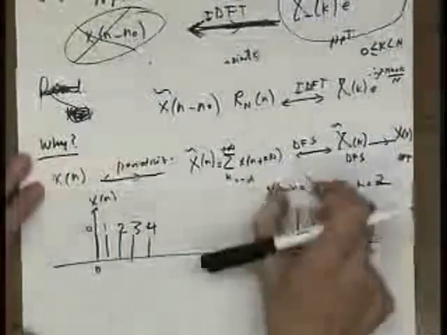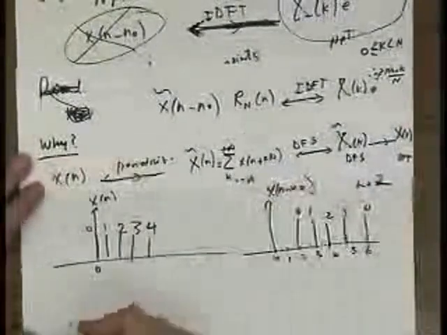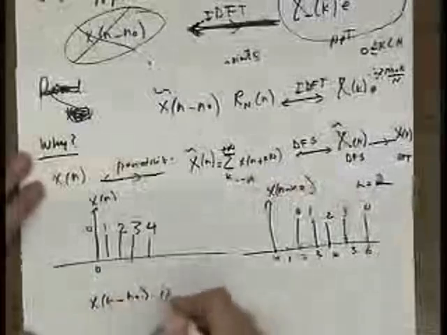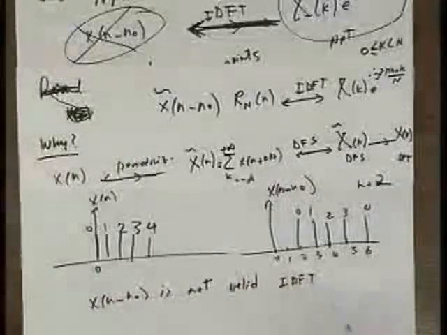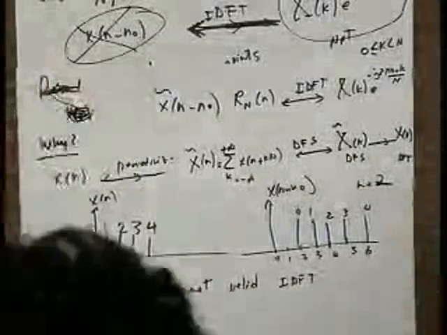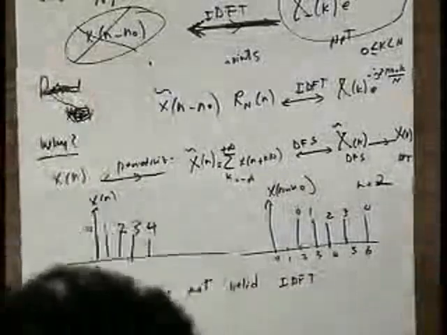And this can't be a valid inverse DFT of anything. So x of n minus n naught is not a valid inverse DFT. Instead, what is valid is the following.